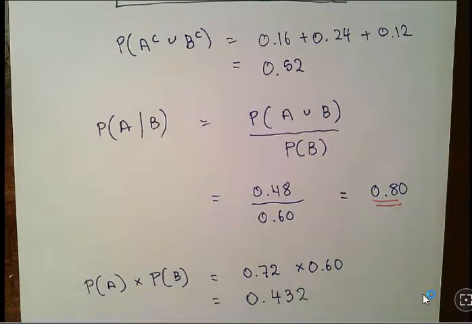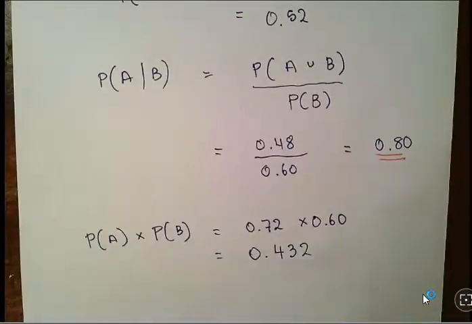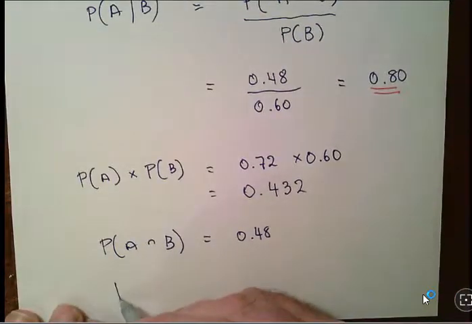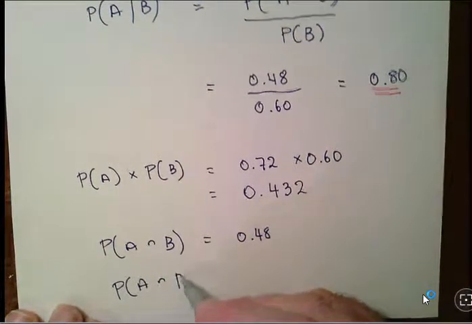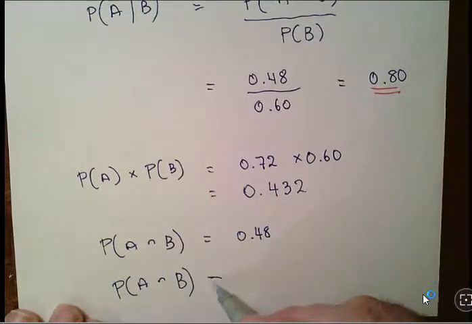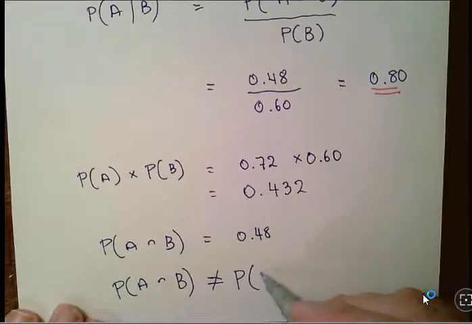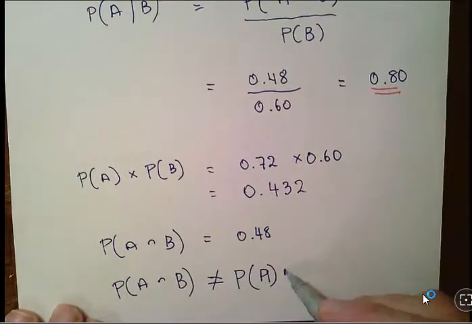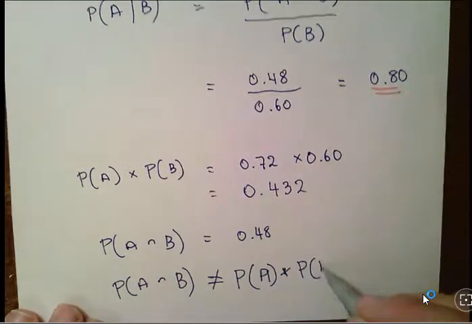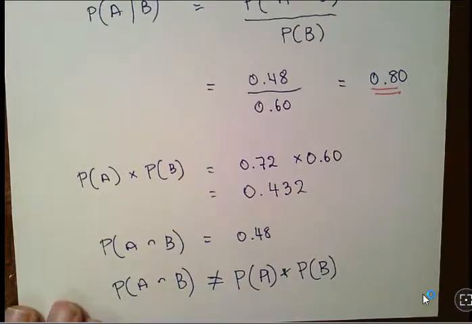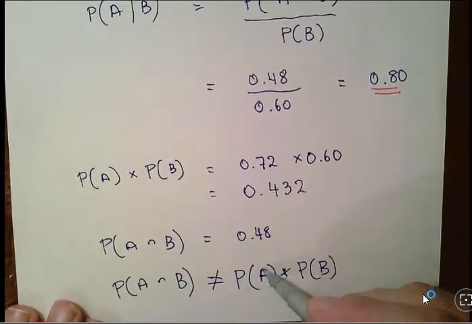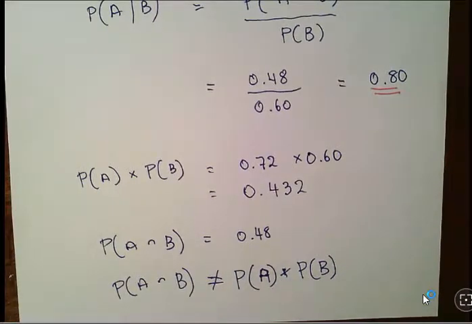Is that equal to the probability of A and B, which is 0.48? No, they're not equal. So the probability of A and B is not equal to the probability of A times the probability of B. That means that they are not independent events. Okay, so that ends our presentation. We've got all the main points done.